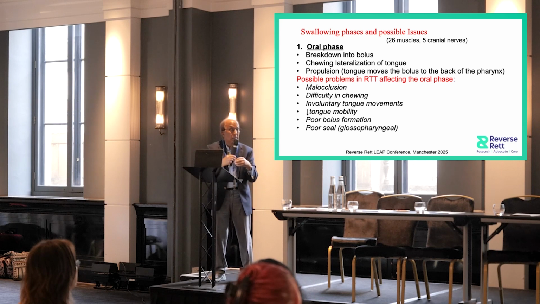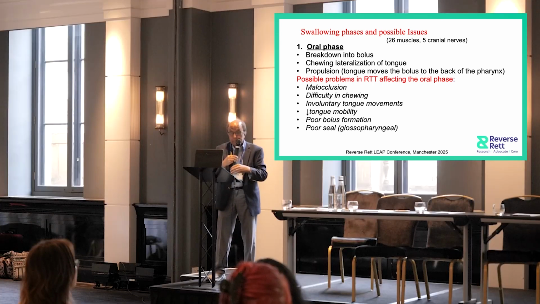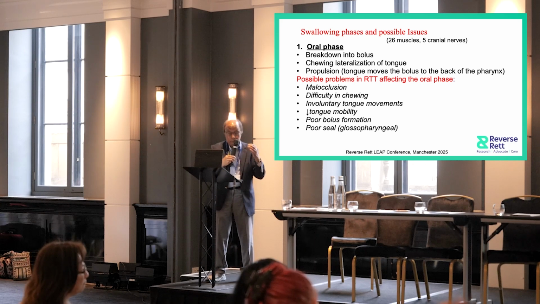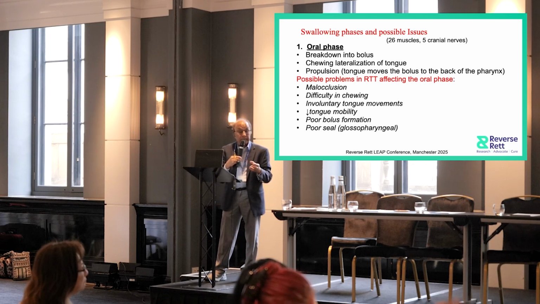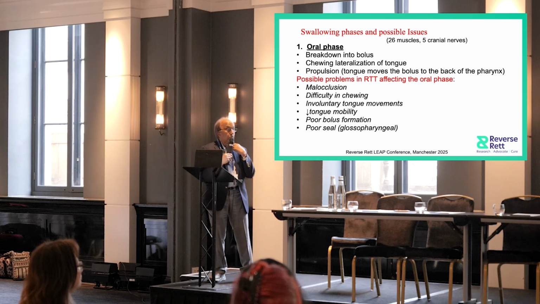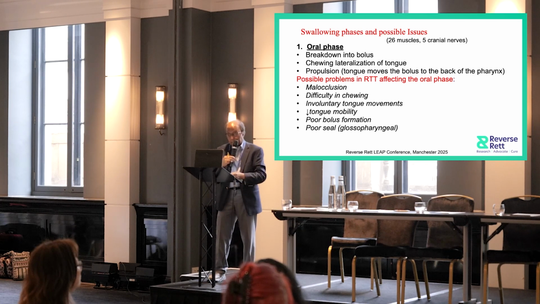And that is affected because of the malalignment of the teeth, which is not uncommon in our patient population. The patient may have difficulty in chewing. Involuntary tongue movements may be there, which are preventing this. Tongue mobility may be affected or reduced in some patients, resulting in poor bolus formation and poor seal in the back of the throat. So it's supposed to be going down, but some of it comes back again.